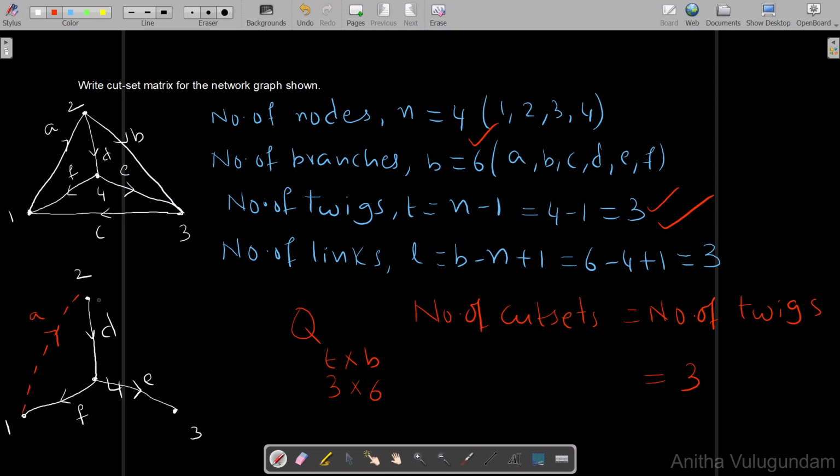This is A, B, and this is C. Okay, let us write the cut set matrix now. Let me redraw the tree.